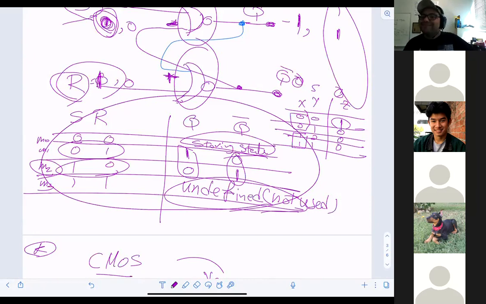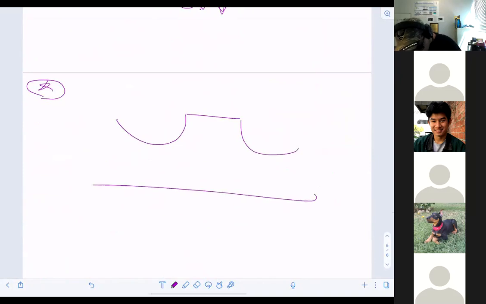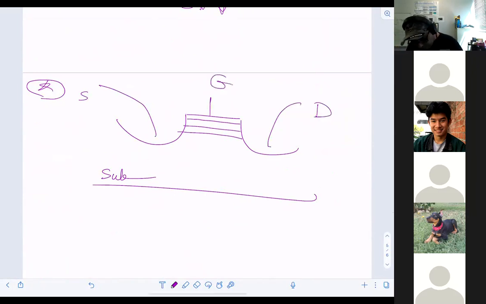Capacitor. Exactly. Why? Because if you look at the transistor in general, it's like this. That's called the substrate. And then you already have here a little. And this is the gate, this is the source, this is called the drain, and this is what? Metal oxide silicon.